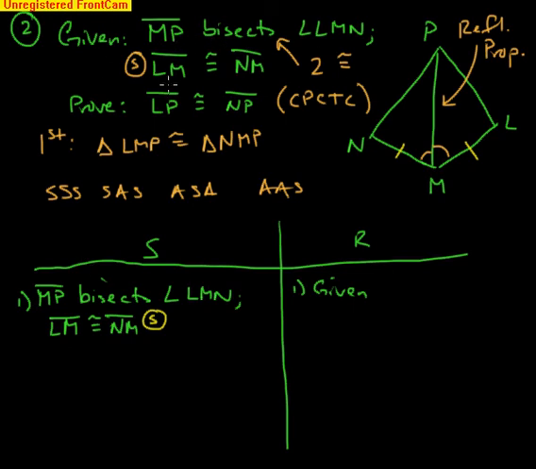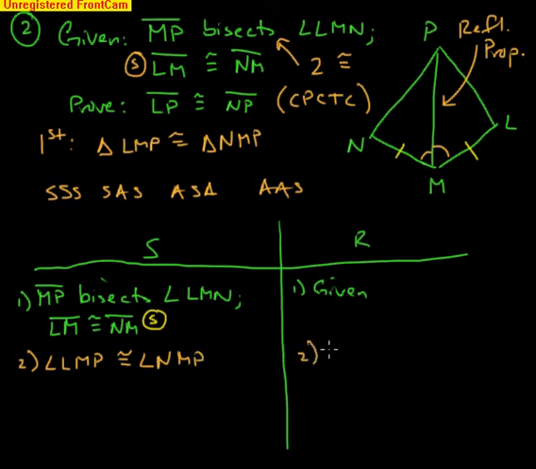Next, we need to talk about this bisecting idea, right? MP is an angle bisector. This is an angle, so it splits the angle into two congruent angles. What are those two angles? Well, let's go with the triangle on the right first. Angle LMP, this angle right here, is going to be congruent to angle NMP.